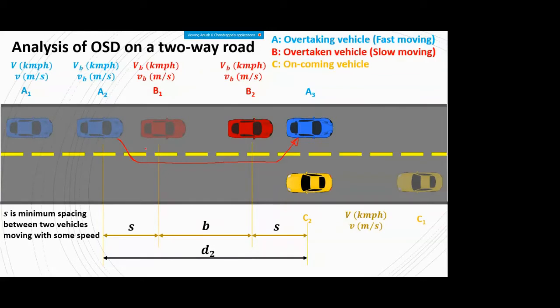Opposite to that, some vehicles, on seeing the red light, reduce their speed gradually and very slowly stop at a considerable distance before the slow moving vehicle. So this is the concept behind S, the minimum spacing.